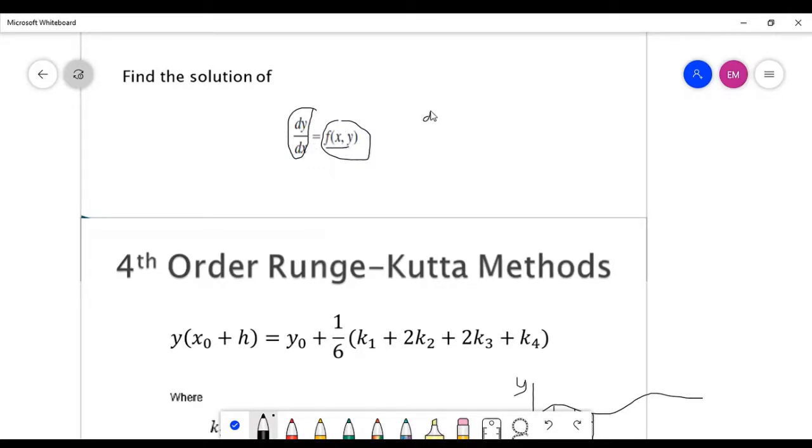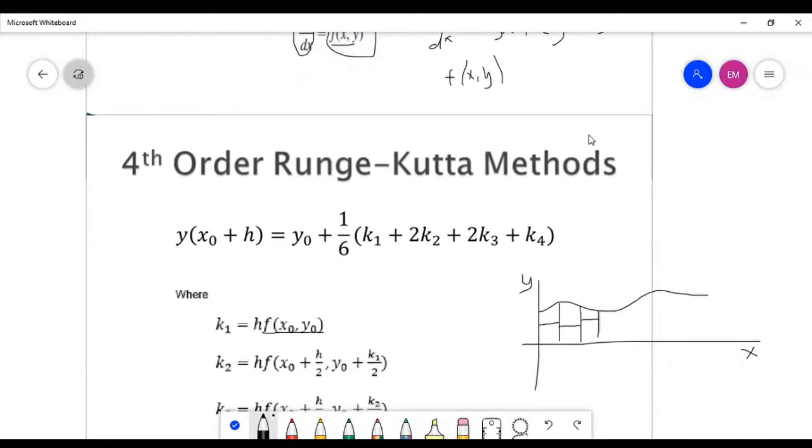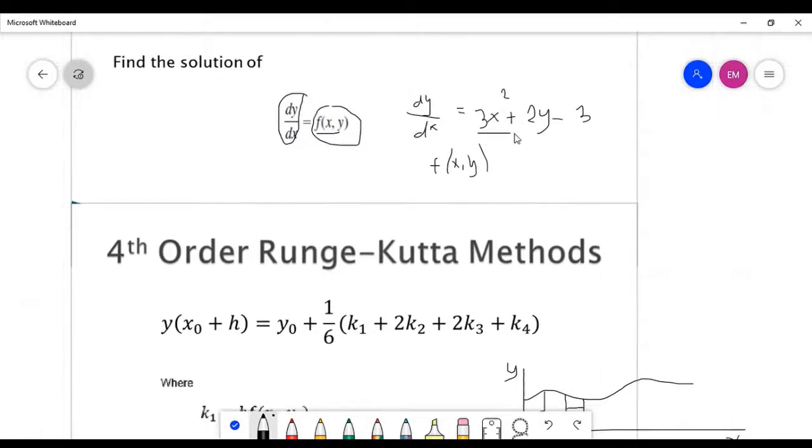For example, we have an equation of dy over dx is equal to 3x squared plus 2y minus 3. So, therefore, ang ato ang f of x, y draa, which is kani, is this one.